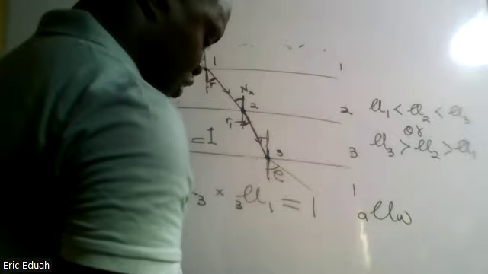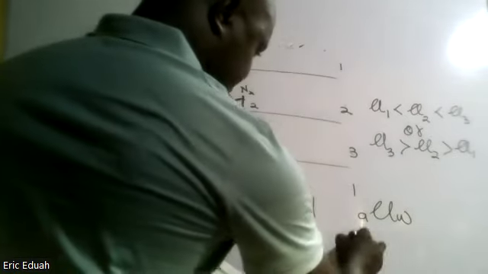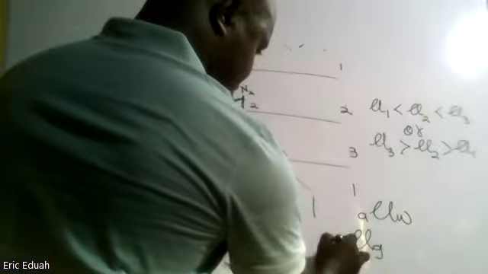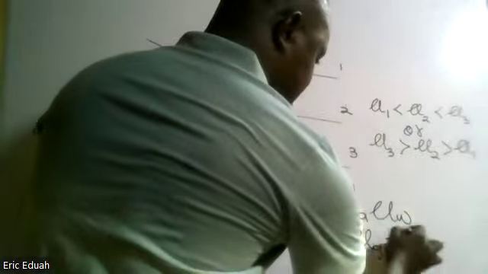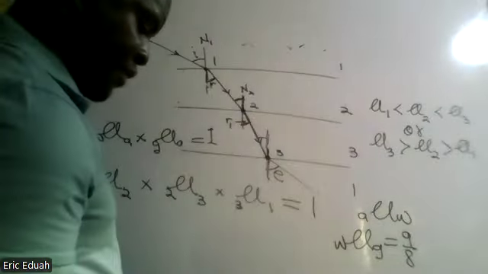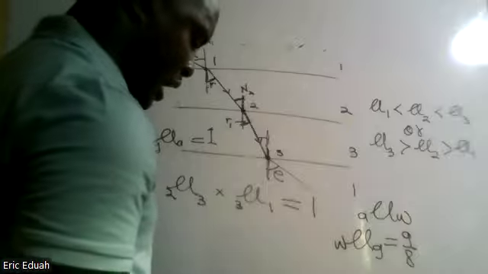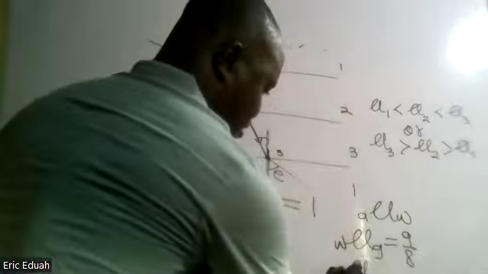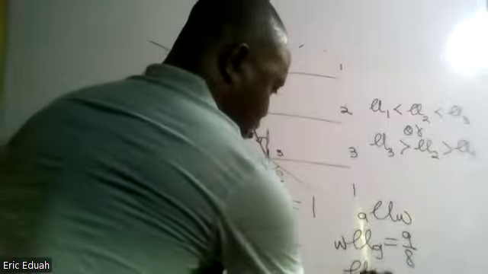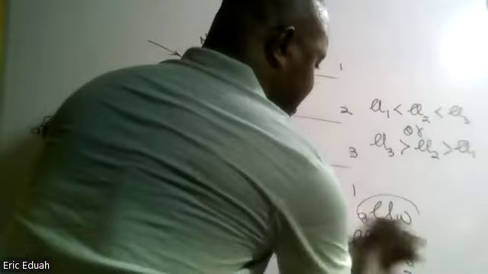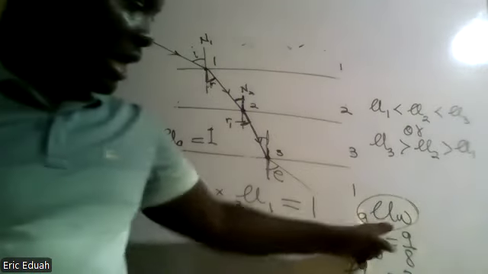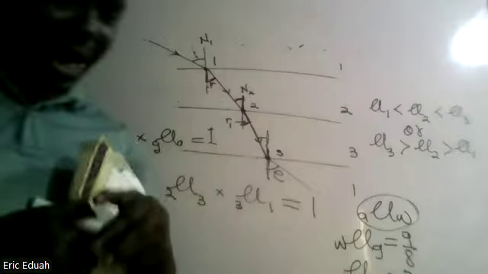You are told that glass with respect to water is 9/8, and glass with respect to air is 3/2.